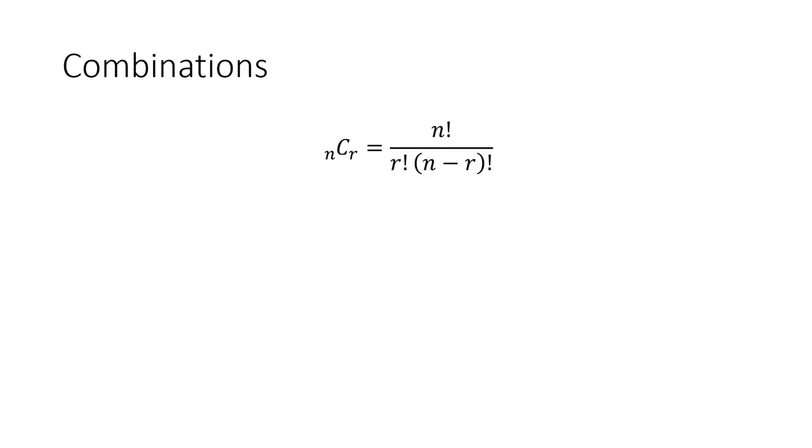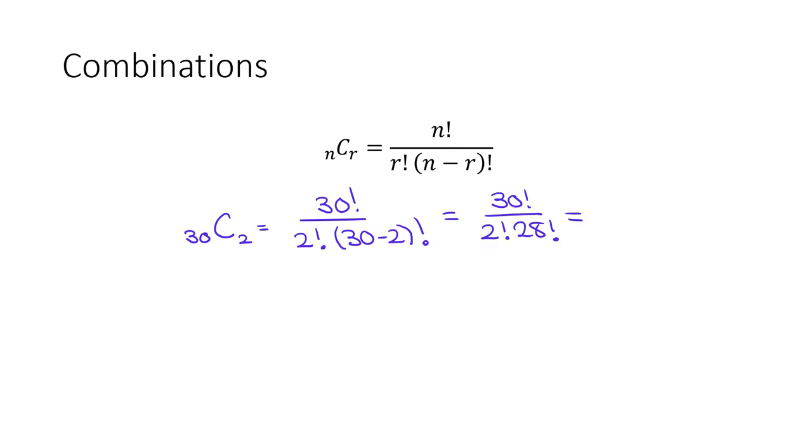And so here's my formula for combinations. It's really similar to my permutations formula with one difference. We just have this extra r factorial on the bottom. So if I want to compute 30C2 using my formula, I would take 30 factorial and divide it by 2 factorial times 30 minus 2 factorial, which is 28 factorial.